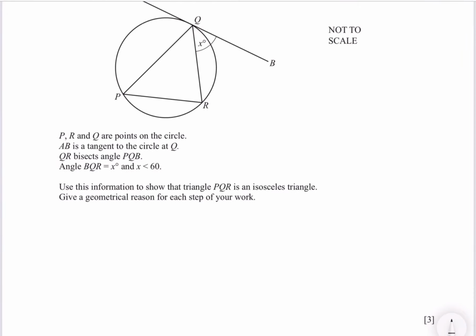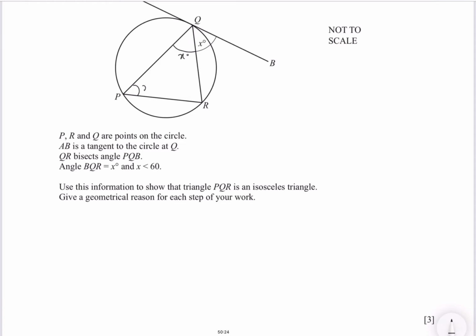Question number 15. We have to give a geometrical reason for each step of our work. So the tangent and the line QR, the x is given, and it says that QR bisects angle PQB. So our x would also be here at Q, because the line QR is bisecting angle PQB.